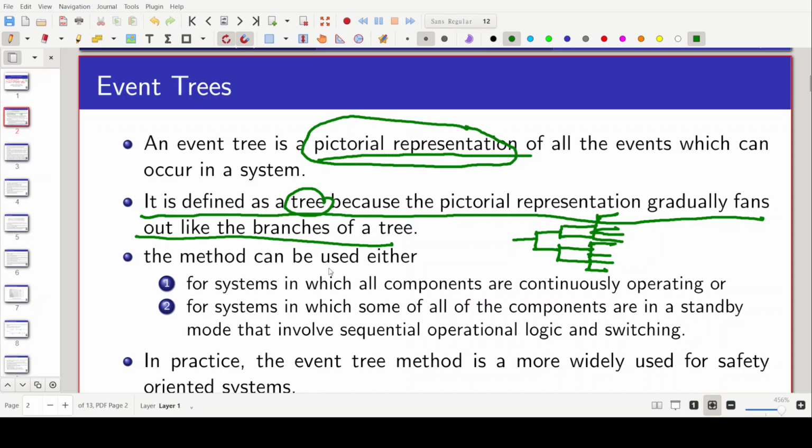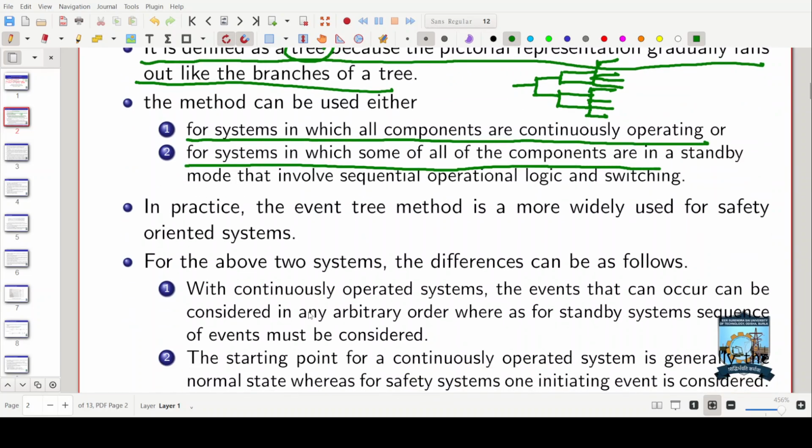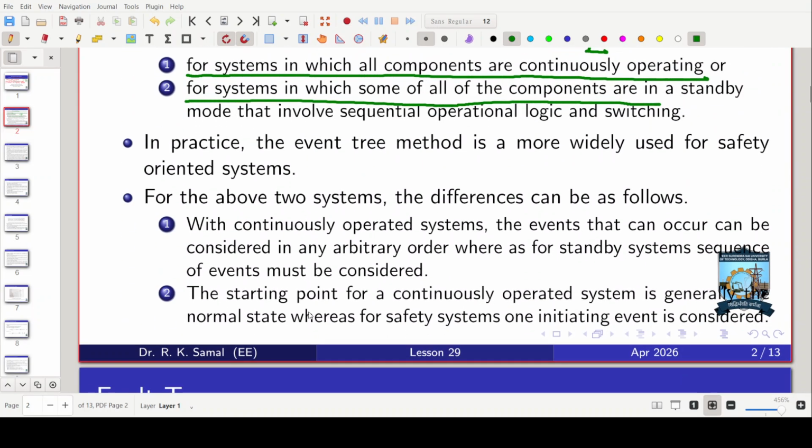So where we can use this method? For systems in which all components are continuously operating, or for systems for which some of the components are in standby mode. Okay. Both are applicable for electrical systems. In practice, the event tree method is most widely used for safety oriented systems, just like protection systems.